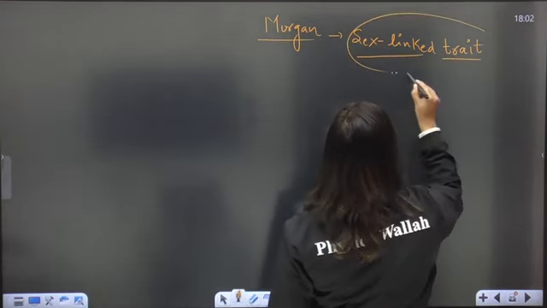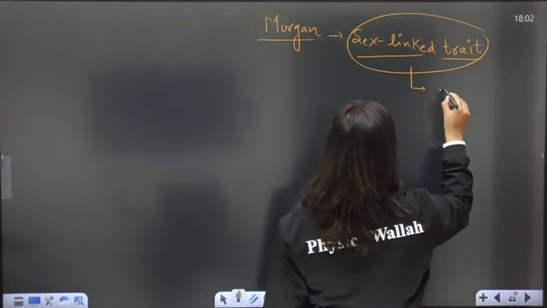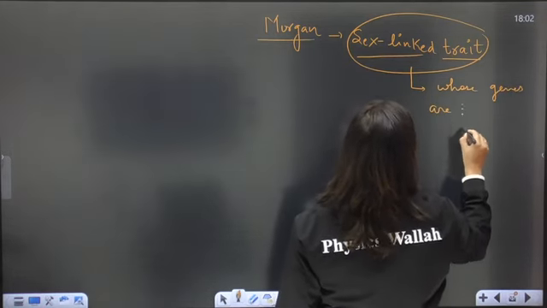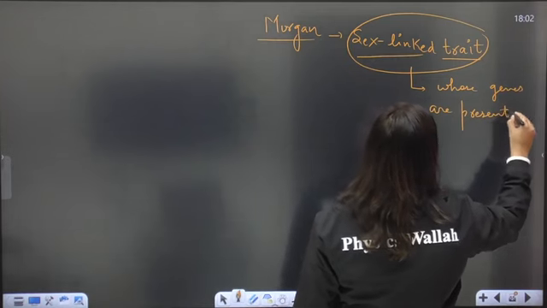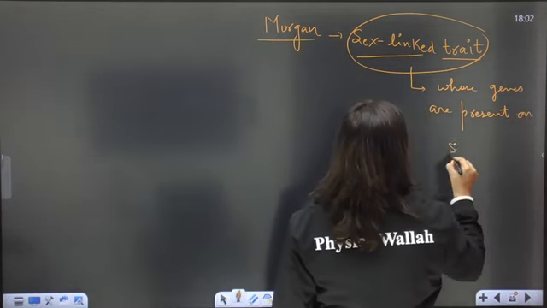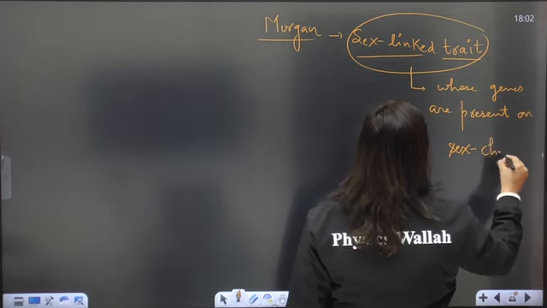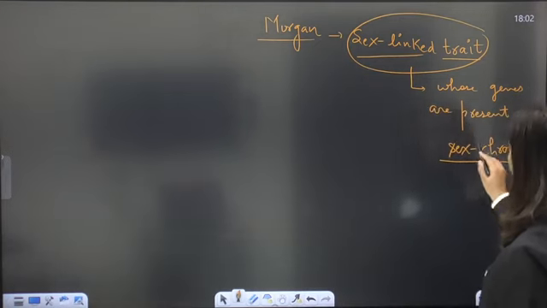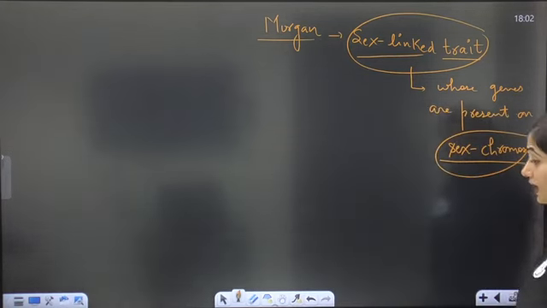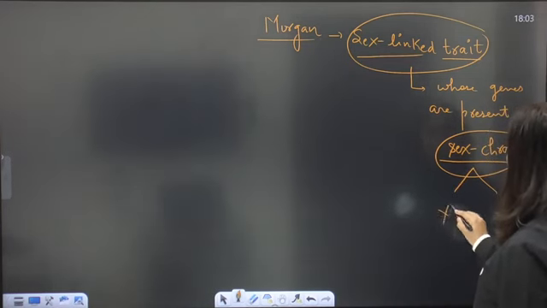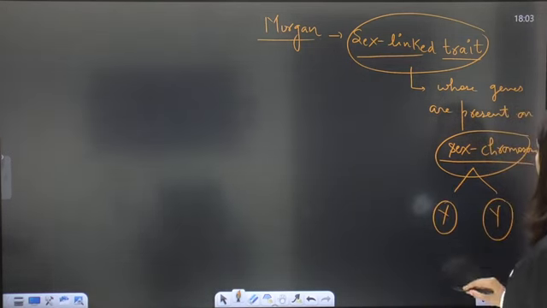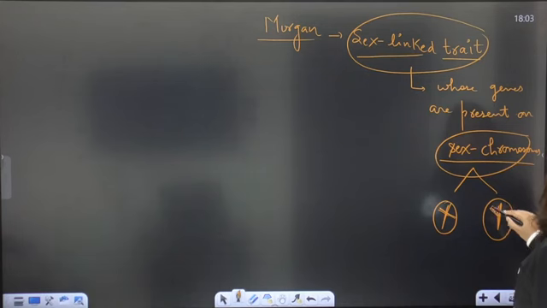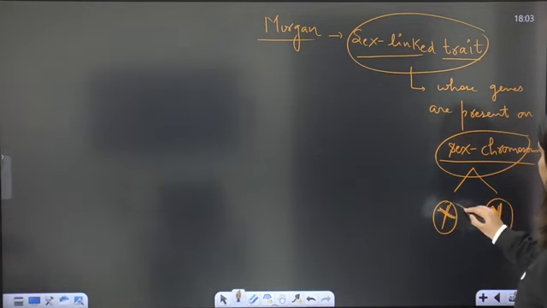Sex-linked traits are those traits whose genes are present only on the X or Y chromosome, that is, on the sex chromosomes. That means these genes are not present on the autosomes, but they are present on the allosomes. So all those traits whose genes are present either on the X chromosome or on the Y chromosome are called sex-linked traits.